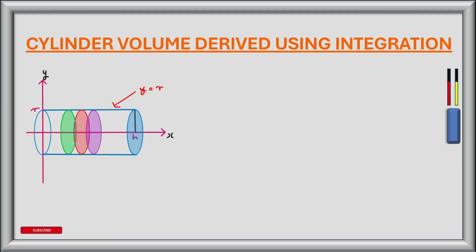If the area of each of the circle slices that make up the cylinder is equal to pi r squared, the volume of the cylinder, V, is equal to the sum of the area of all the circle slices. So to find this, we need to integrate pi r squared along the x-axis, so dx, from 0 on the x-axis to h on the x-axis, which represents the height of the cylinder.